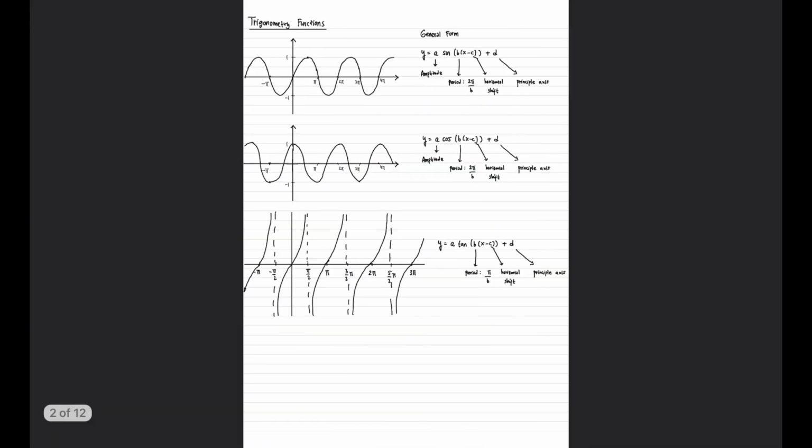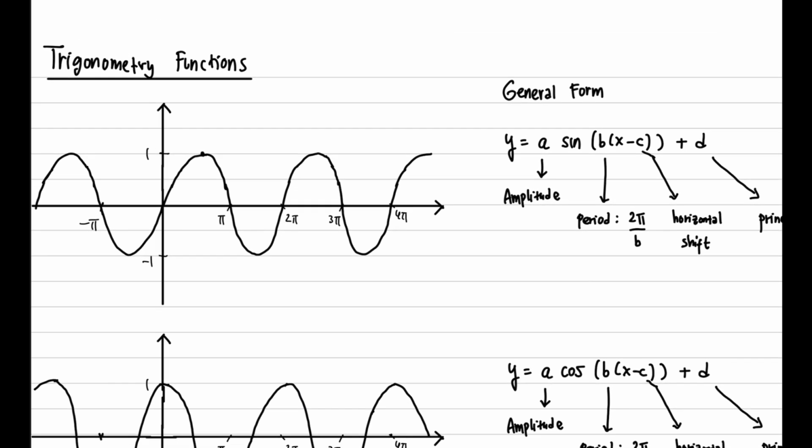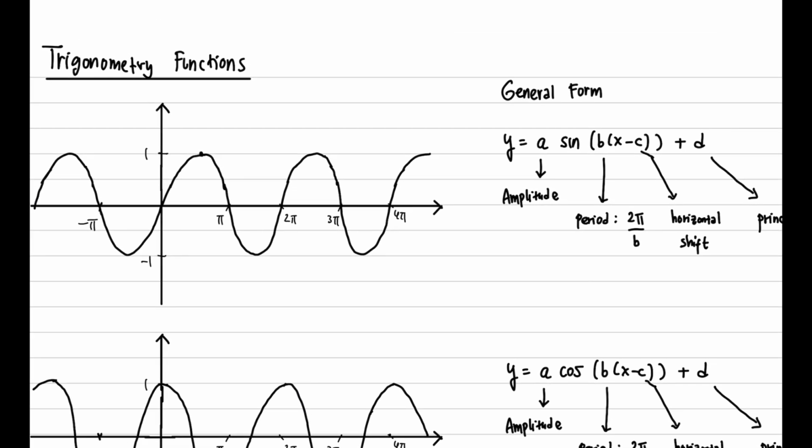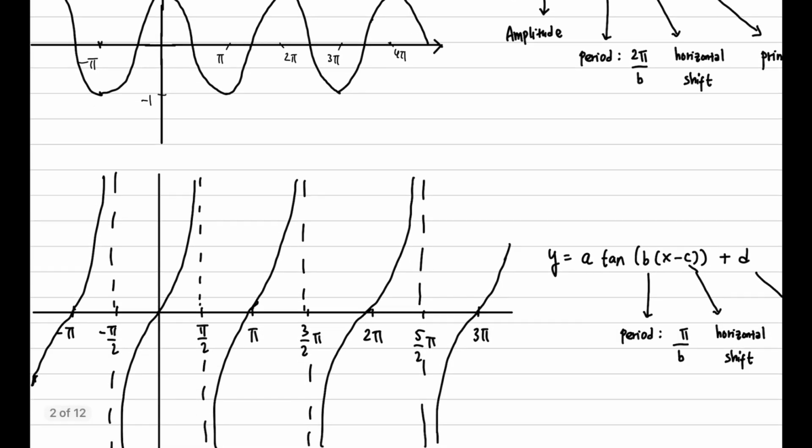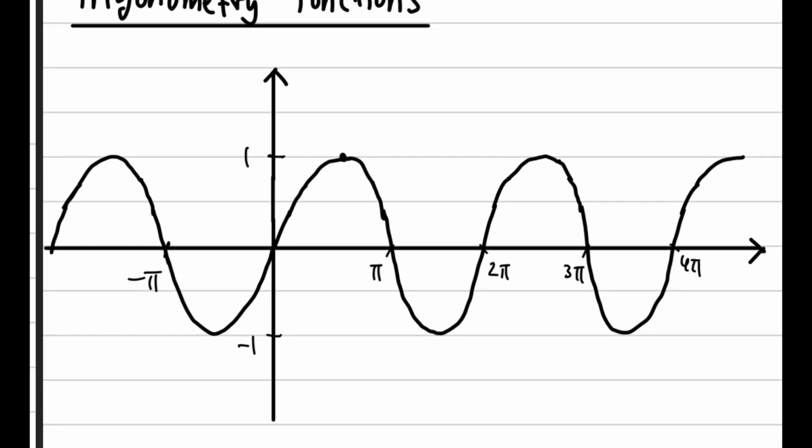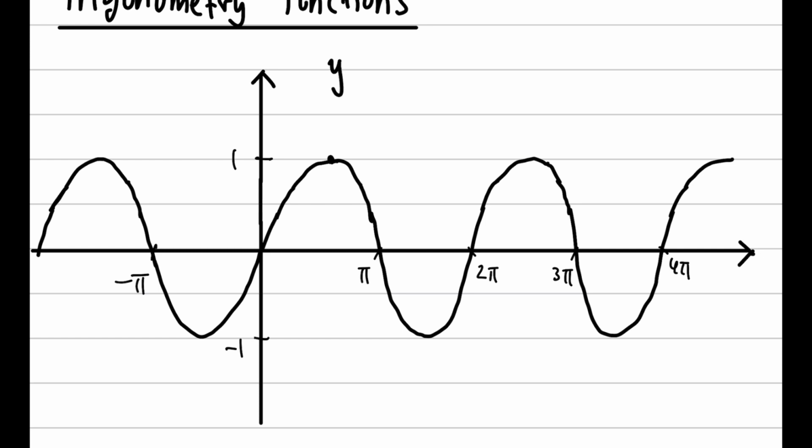Move on to the next part, the trigonometric functions. If you already know how to calculate the trigonometric values of any angle, now let's plot them on a graph. We have three trigonometric functions: sine, cosine, and tangent. The first function is y equals sine x.